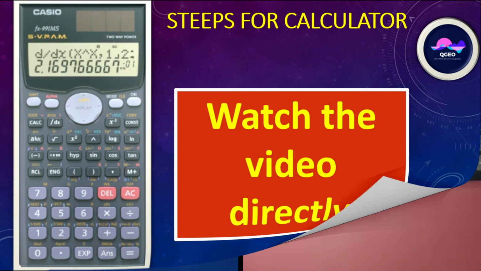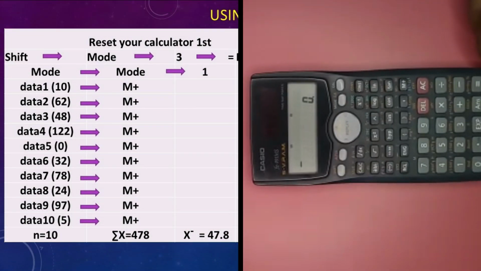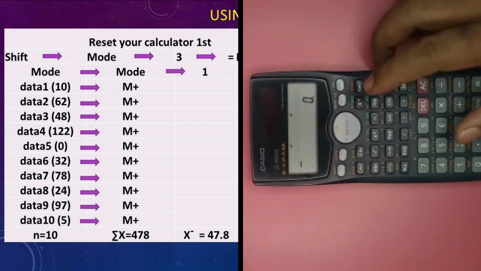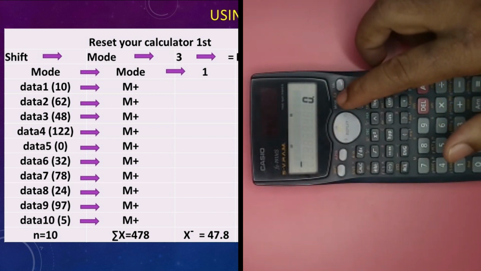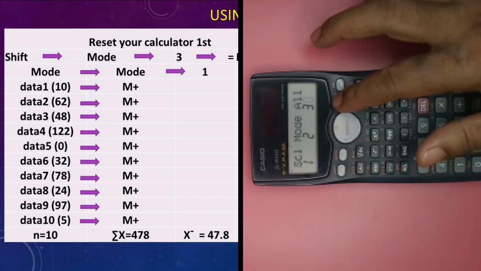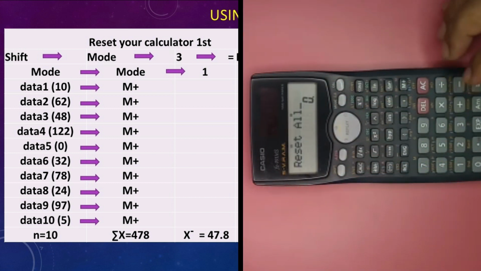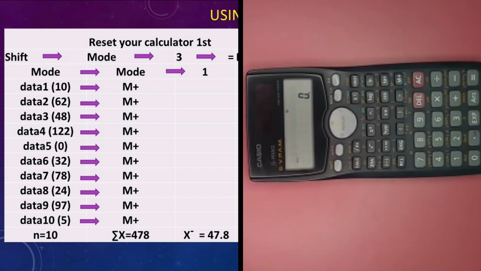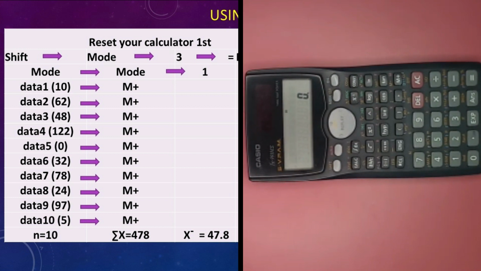Watch the video directly. At first, we have to reset our calculator by clicking Shift Mode 3, then is equal to. Our calculator is ready for checking the calculation result output.